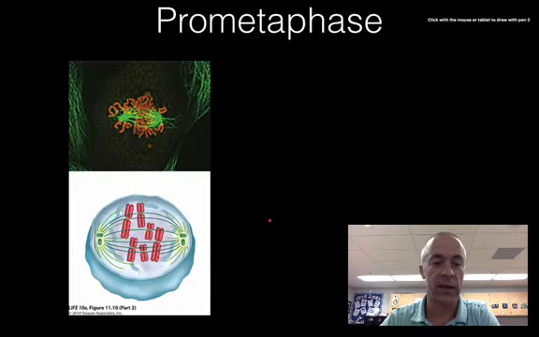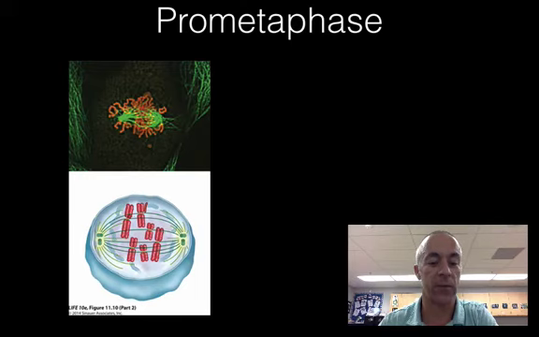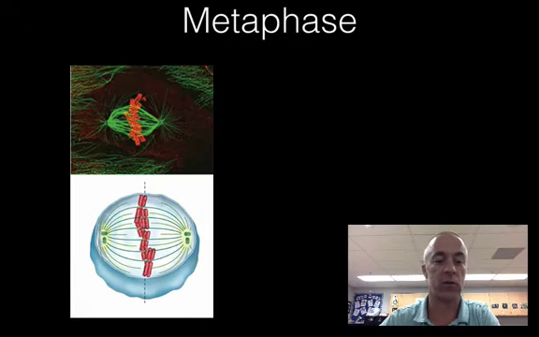The next phase is called prometaphase, and so now here you can see those chromosomes are becoming more visible, and then you can also see these green cytoskeleton filaments starting to form what we call the spindle, which are these little fibers that attach themselves to the chromosomes.